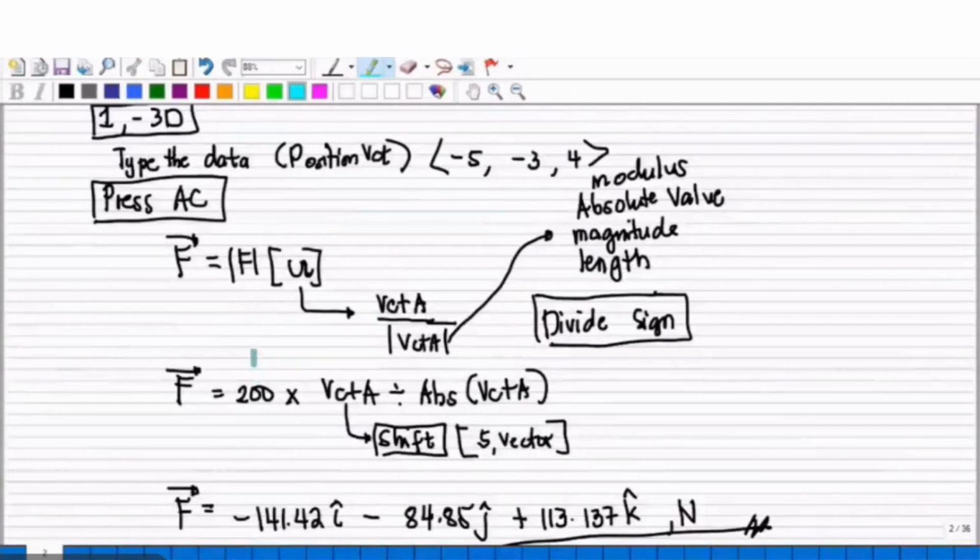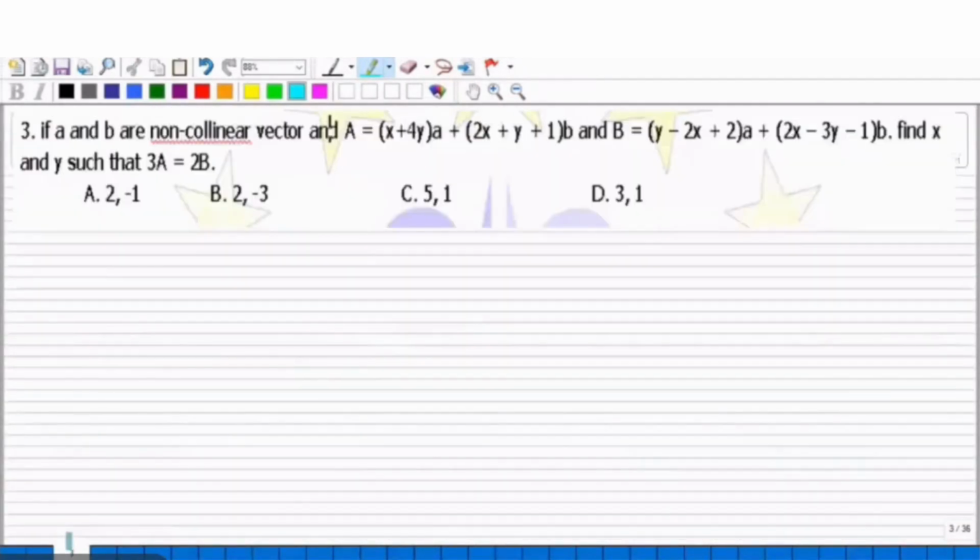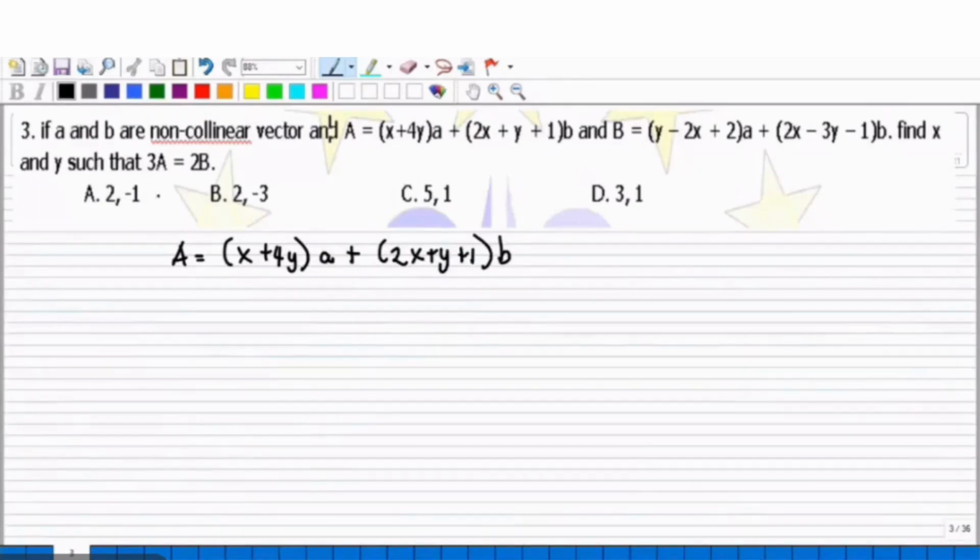Okay. So let's move on to the next question. Number 3. If A and B are non-collinear vectors, when we say non-collinear, so they are not lying on the same line, okay? And your vector A is equal to (x plus 4y) times a, plus (2x plus y plus 1) times b.